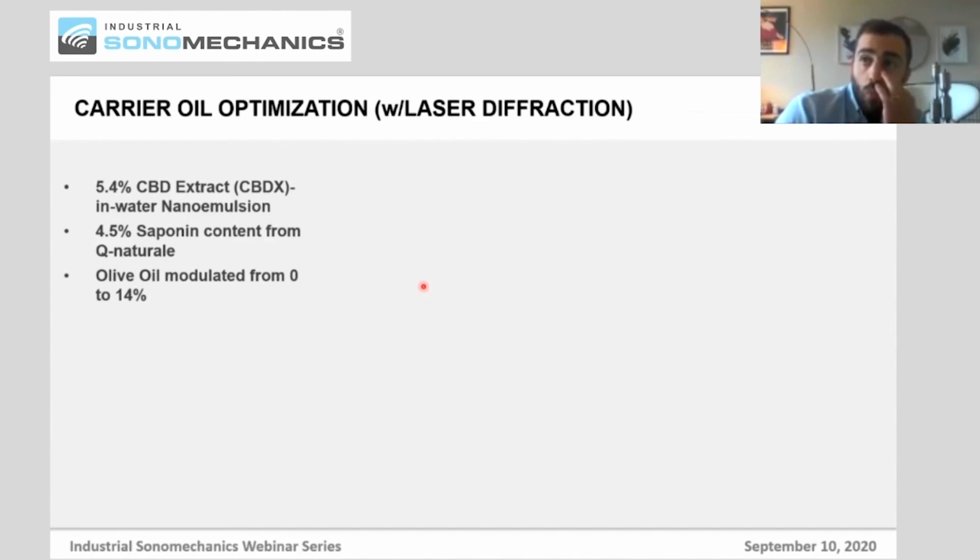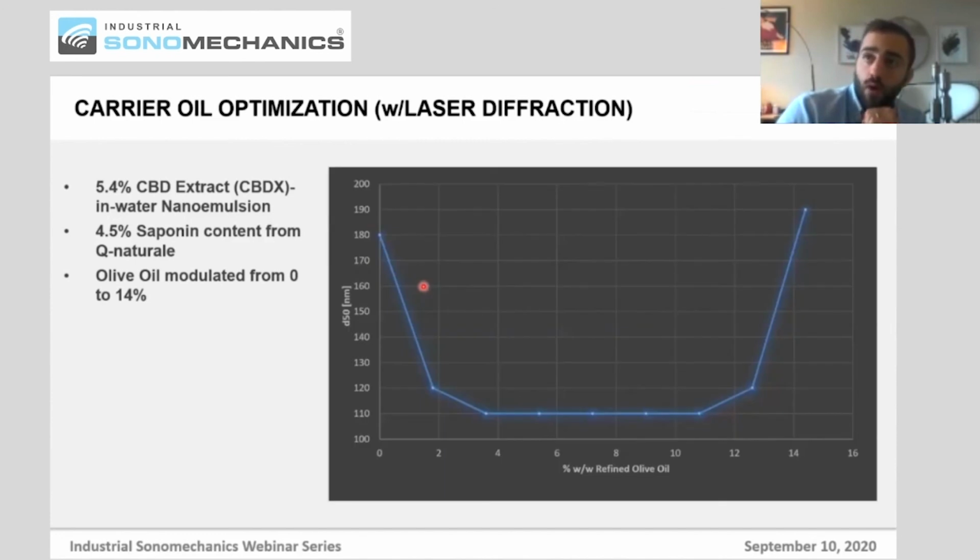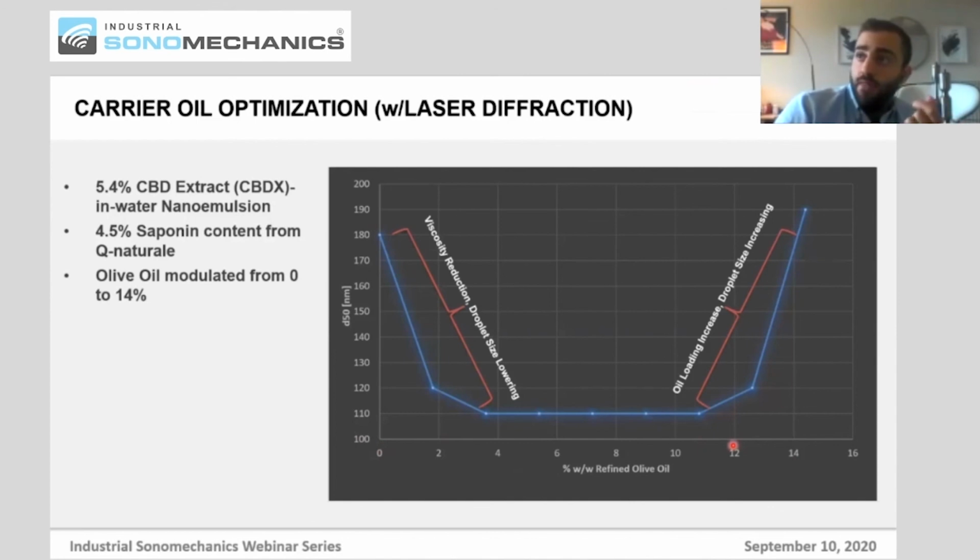So we were able to make this curve where we actually observed that initially when we increase our carrier oil content, so from about 0 to 4% olive oil, the droplet size actually reduced. And then when we got to above 10% or so, the droplet size increased. So this mode over here we predicted, but this was unexpected.